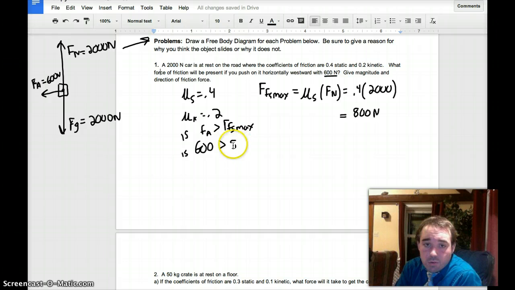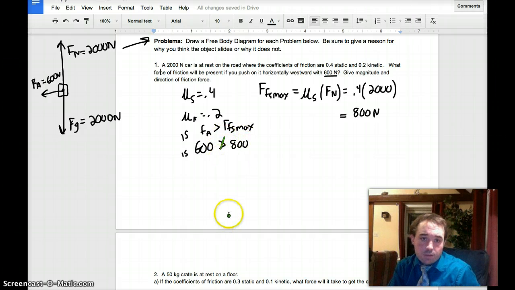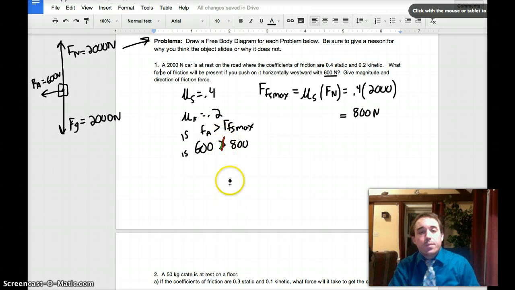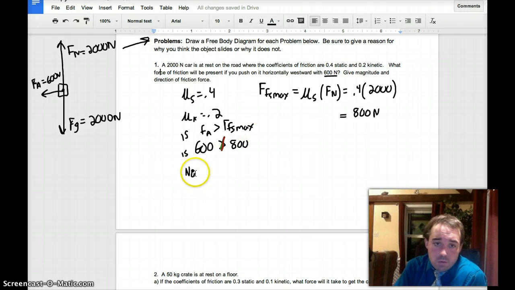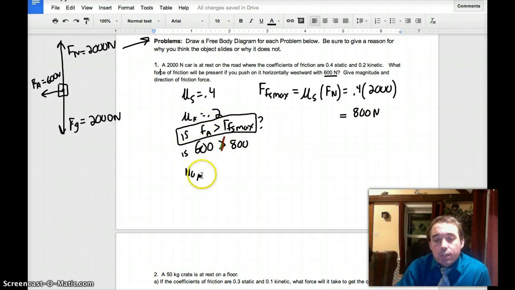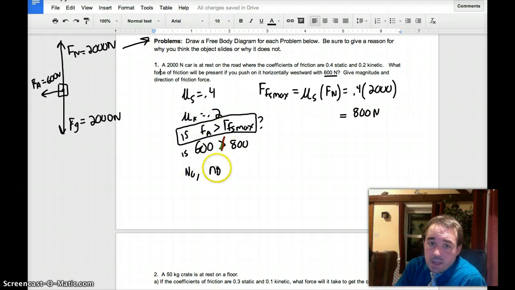Is 600 greater than 800? Obviously, this is a false statement. Use red for effect. It is a false statement, so it's not true. So our answer is no. When our answer is no to this question, is FA greater than FFS max, it means we are not sliding.